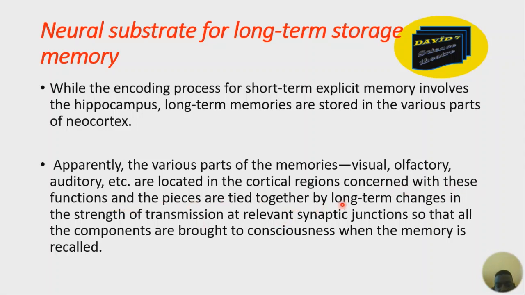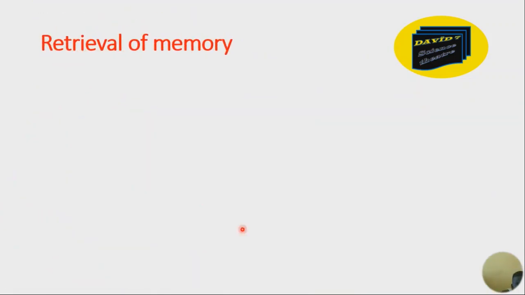These pieces are tied together by long-term changes in the strength of transmission at relevant synaptic junctions, so that all the components are brought to consciousness when the memory is recalled.